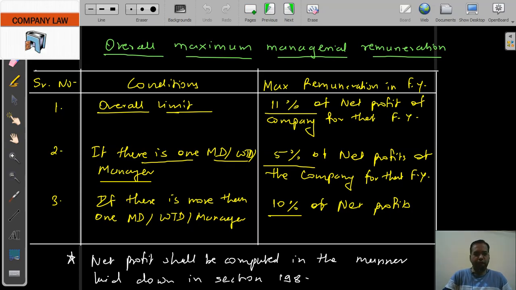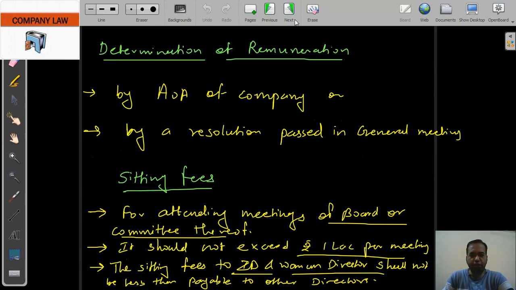Net profit should be calculated as per section 198. Then we talked about determination of remuneration and the sitting fees. It's a very lengthy section of the Companies Act.